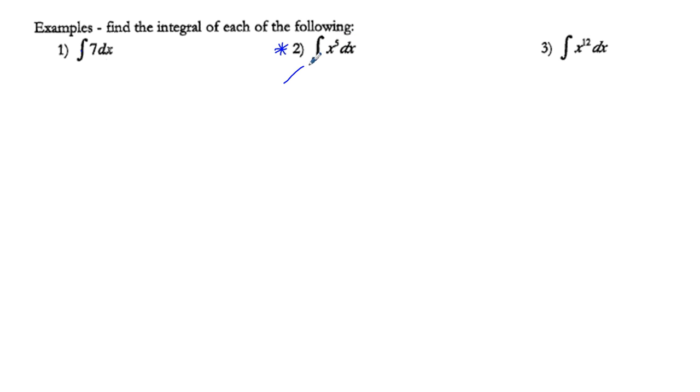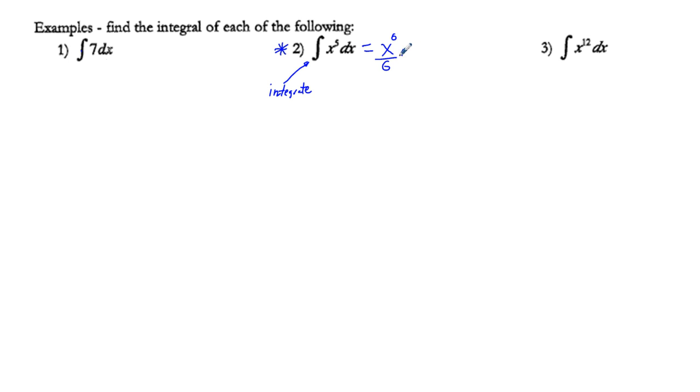What happens, this symbol here is an integrand, and this means it's an instruction to integrate. And so what we do for that is we can use our power rule of anti-differentiation, and our answer to this is going to be x to the 5 plus 1, or 6th power, and we're going to divide by what we raised the power to, by 6.